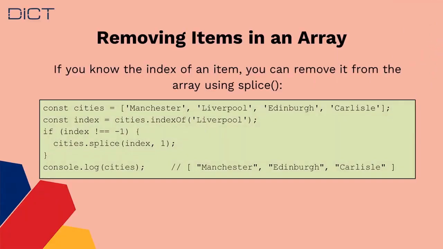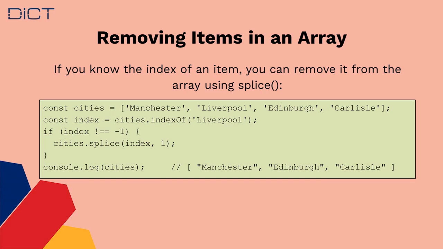Next, we can use the splice method. The splice method is used to remove an item from an array using the index. So if you know the index of an item, you can remove it from the array using this method. We have const cities with the following elements: Manchester, Liverpool, Edinburgh, and Carlisle.